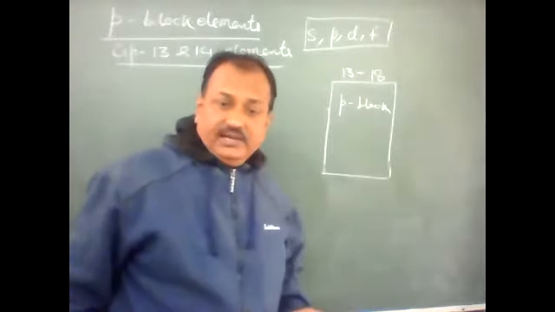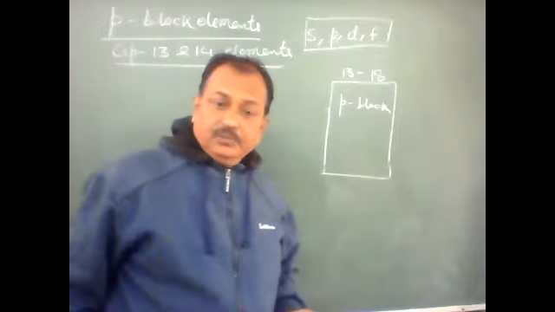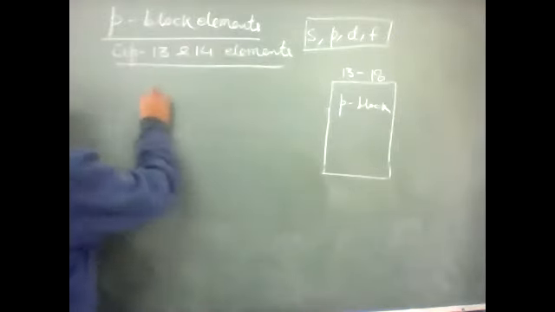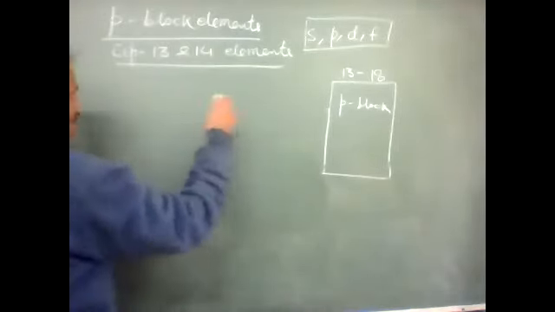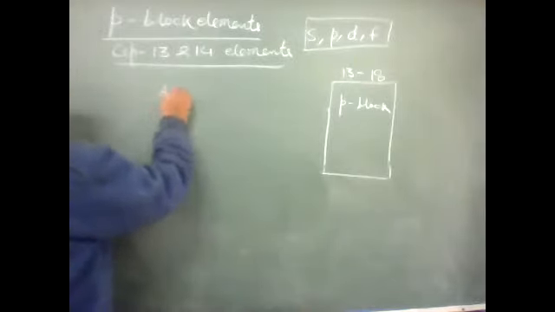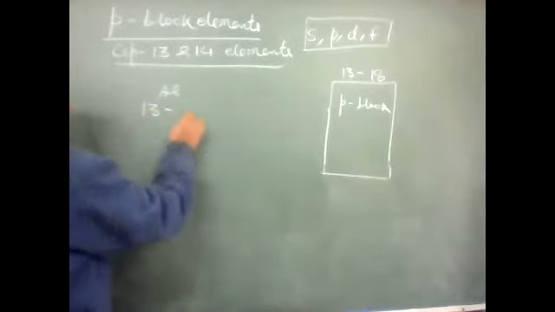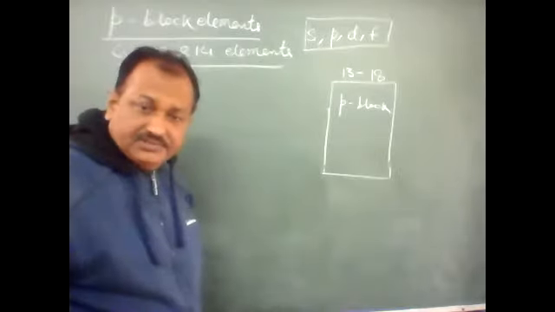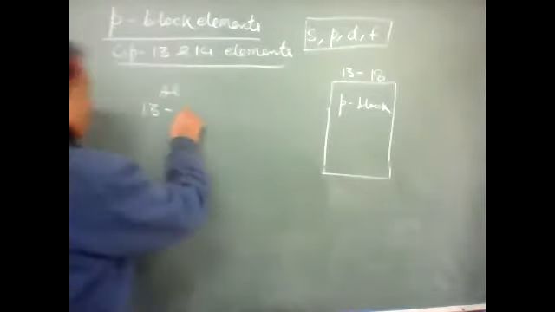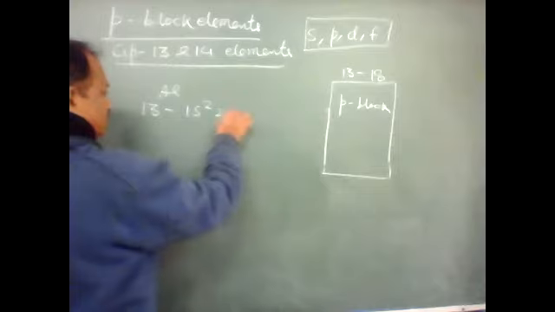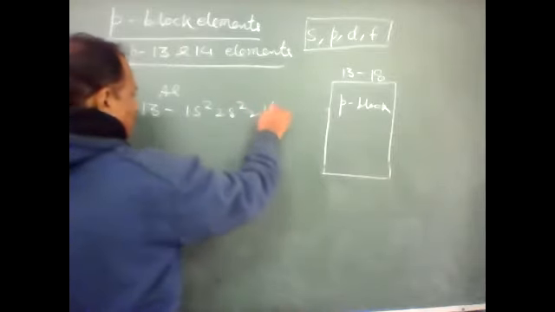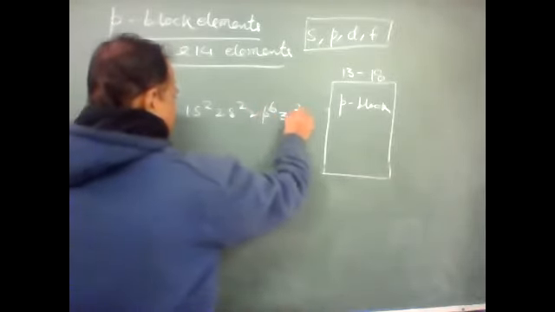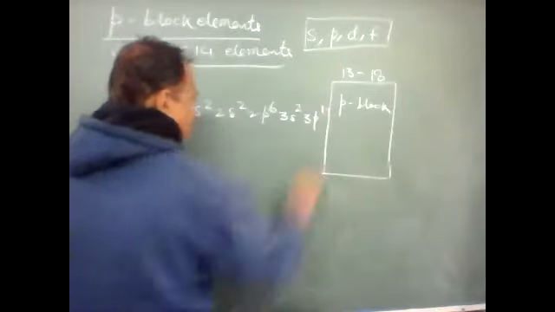Now, identification is very simple. You already know the electronic configuration from the Aufbau rule. So let me take the case of any element. Let it be aluminium, atomic number 13. Write the electronic configuration: 1s2, 2s2, 2p6, 3s2, and 3p1.